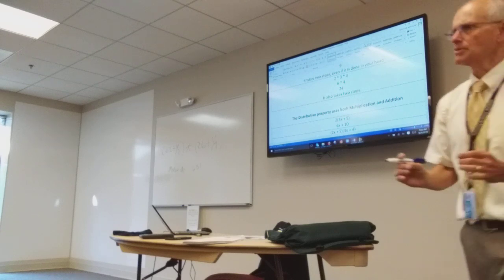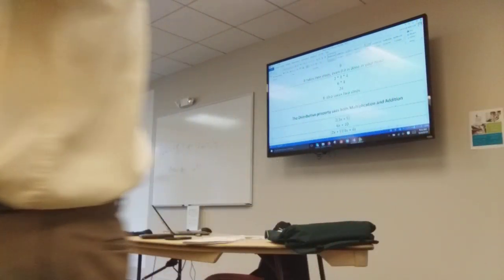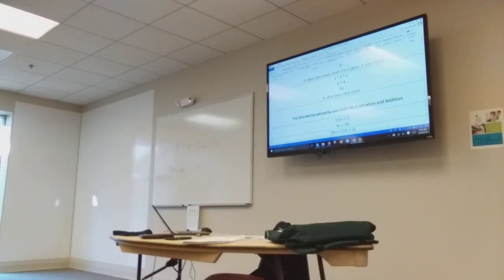That's the distributive property. It has both multiplication and addition in it. It's harder than just adding. It's harder than just multiplying. It's got both. The 2 is talking to the group. I'm not talking to just you.